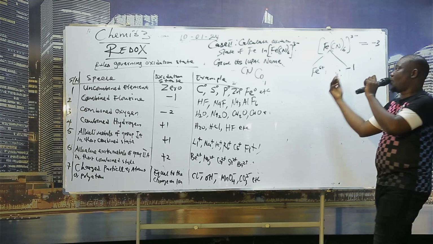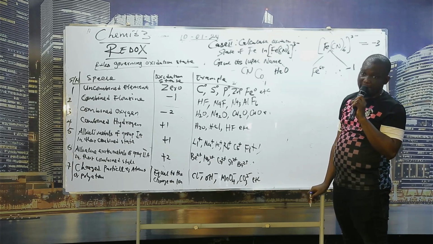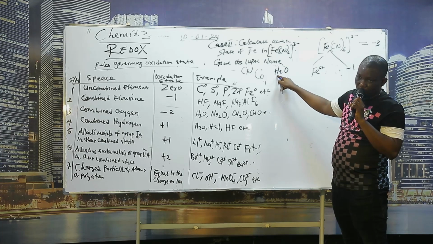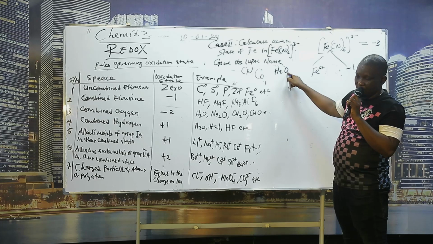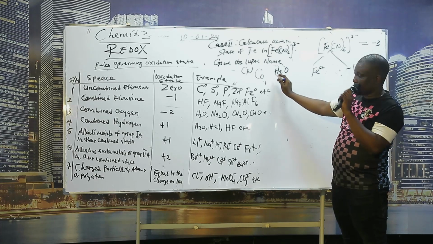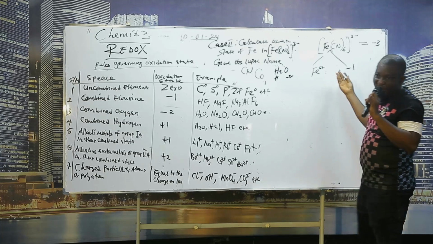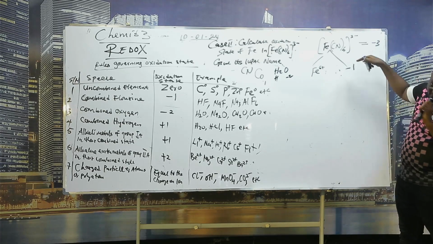In H2O, who is the owner of these two? Hydrogen will be +1 here, and oxygen will be -2. The same principle that guides this one is also guiding that one.